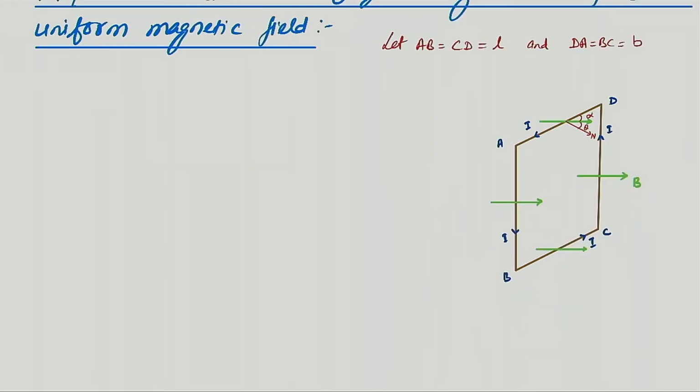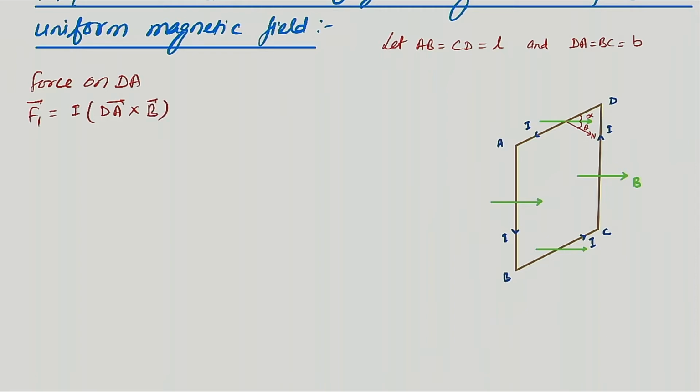Now let's find the force on the first arm, that is DA. Say this force is F1, which will be equal to I dA vector cross B vector, the magnetic field.